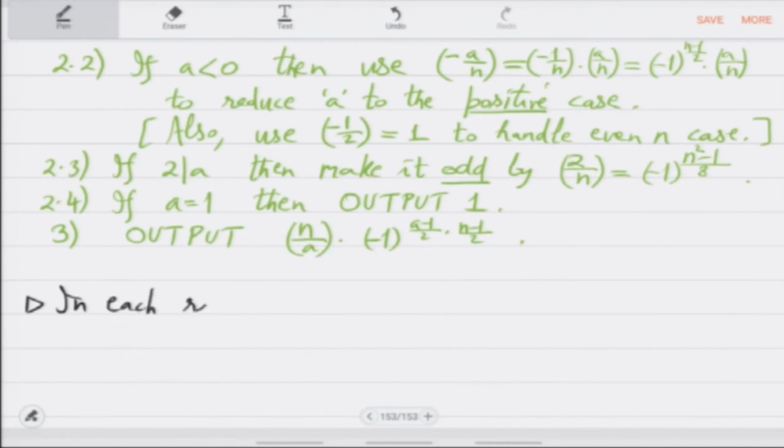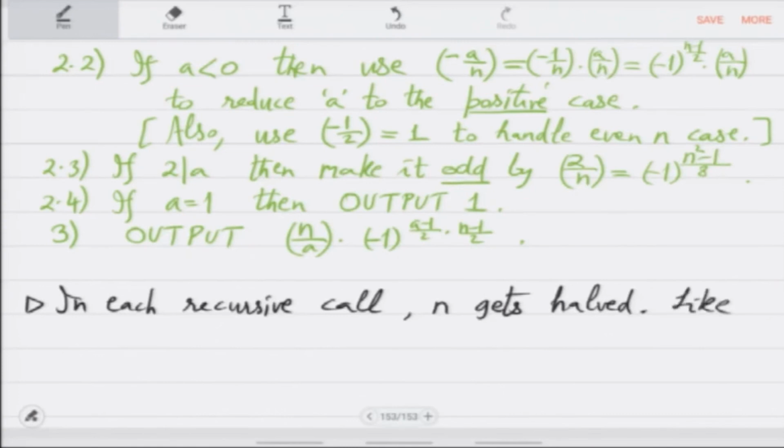In each recursive call, n gets halved. So like the Euclid GCD analysis that we did in the very first week, recall that analysis.